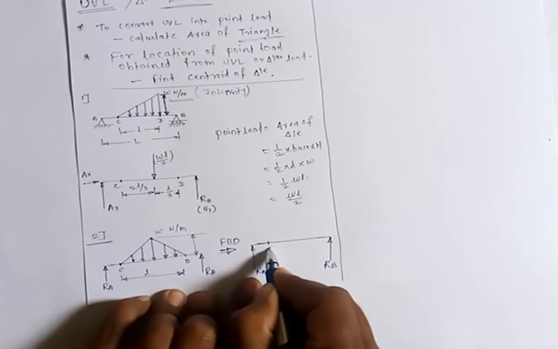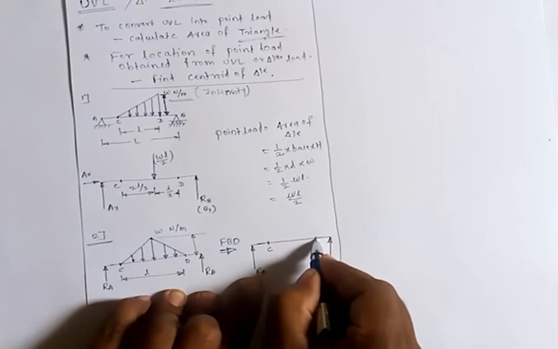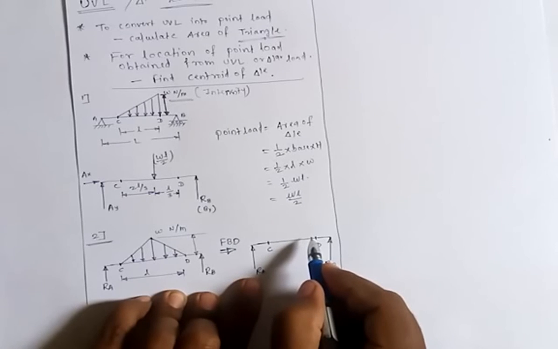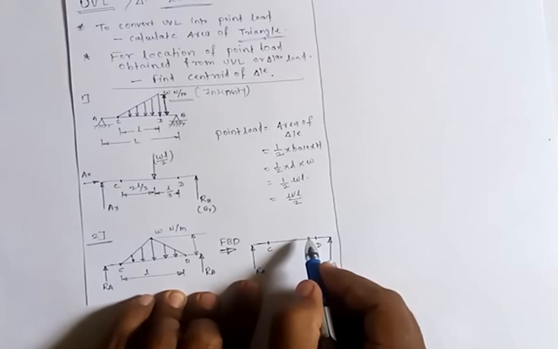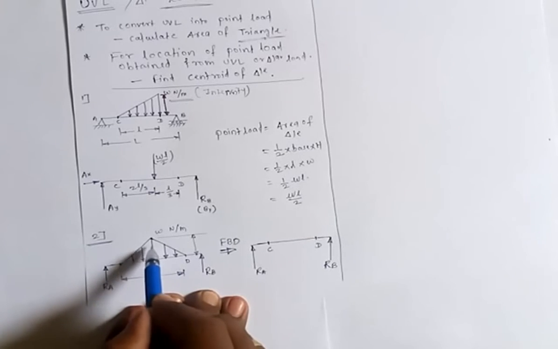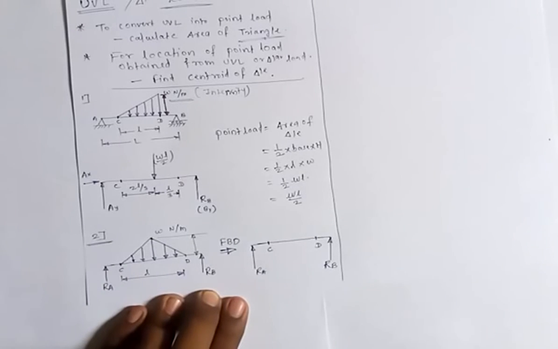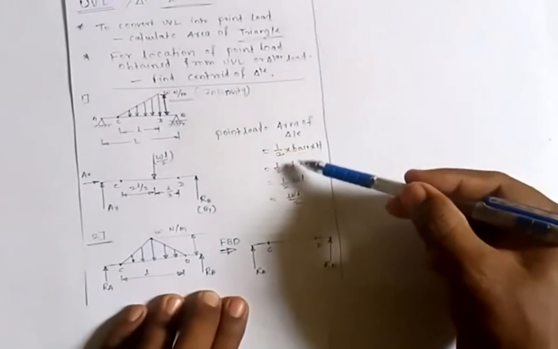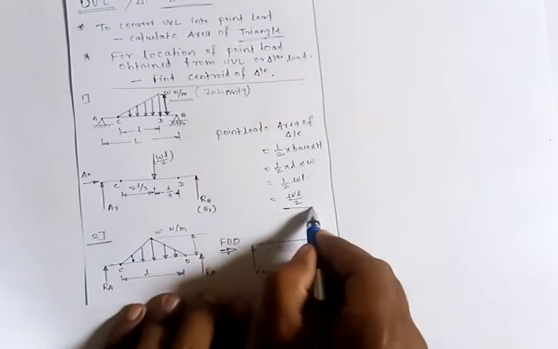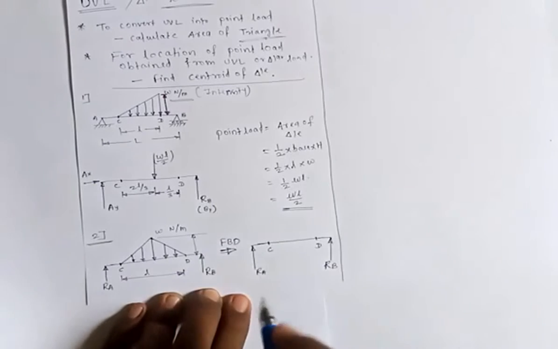Assume that this is our point C and this is our point D. In between C and D, the point load is going to act. Now what is the base of the triangle? l. What is the height of the triangle? W. So what will be the point load conversion? It will be the area of the triangle, half into base into height. So again, the point load value will be WL by 2.